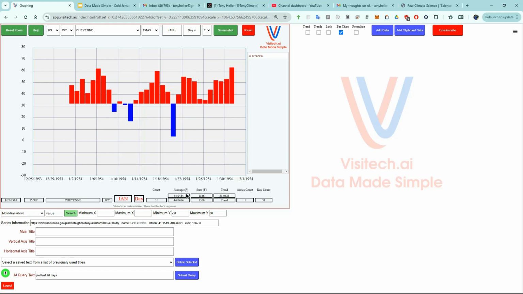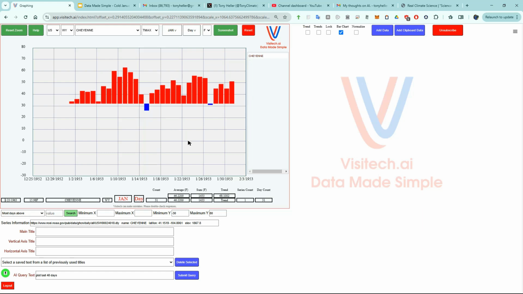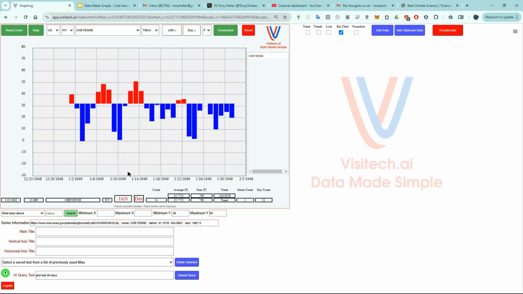January 1954 was a very warm month, with temperatures 6 degrees above the long-term average. January 1953 was even warmer, with temperatures 8 degrees above the long-term average. However, January 1949 was extremely cold, with temperatures about 12 degrees Fahrenheit below the long-term average.